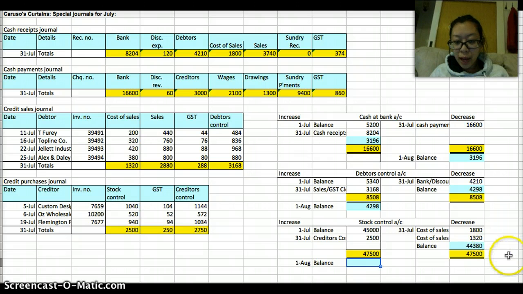I hope we all know how to balance by now. What's that? Is that right? I seem to not sell much. 2.5 is purchase. 1320. That's right. Okay. So we are holding a lot of stock at the end of the month. And that's how you post ledgers.